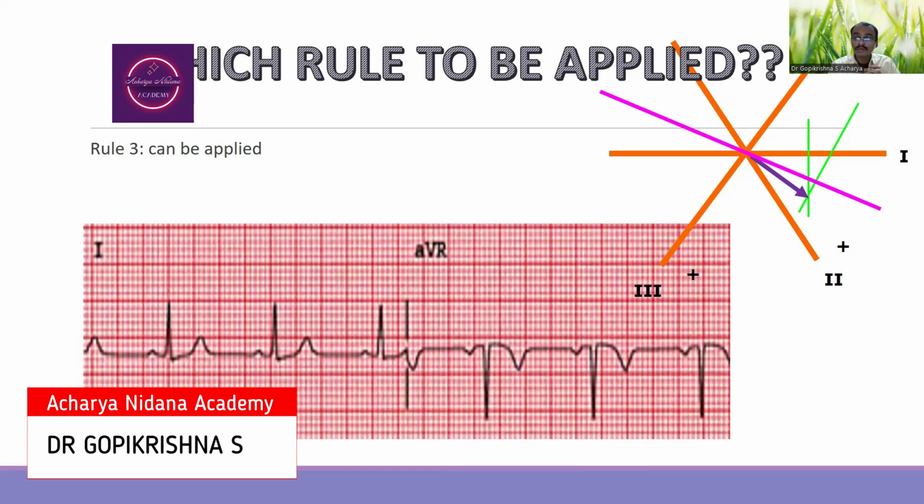So we have to draw the perpendiculars from lead 1 and aVR, and they will be meeting at that particular point. From the center of the hexaxial reference system, we have to draw the line to the meeting point of the perpendiculars, and see the angle from lead 1. It is around plus 40 degrees.